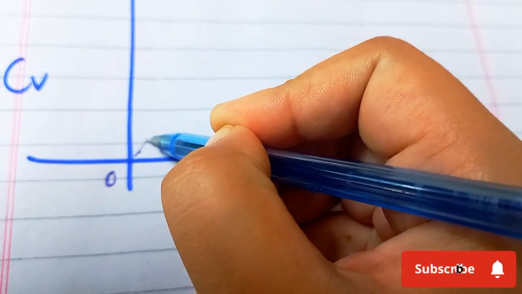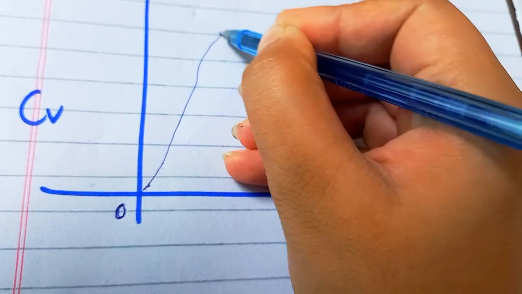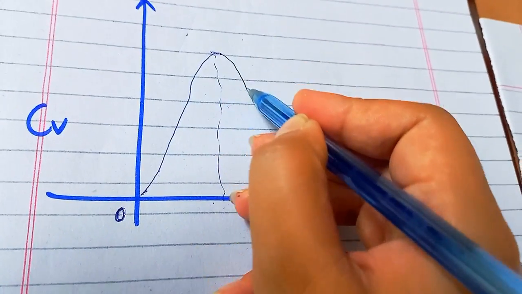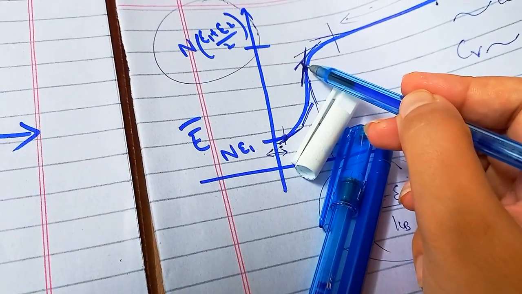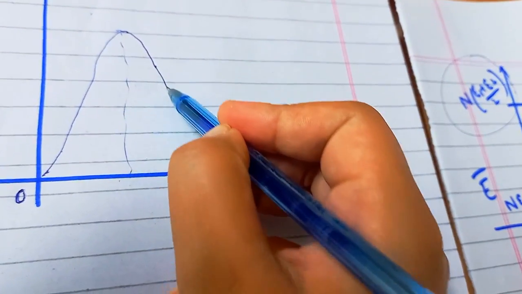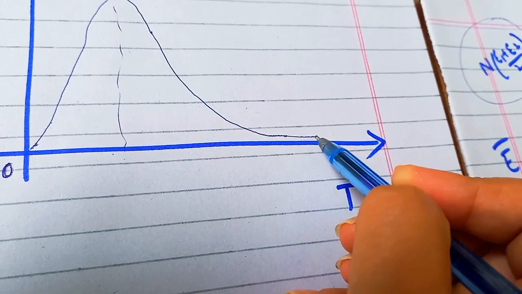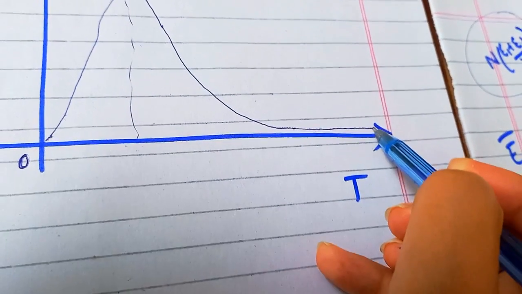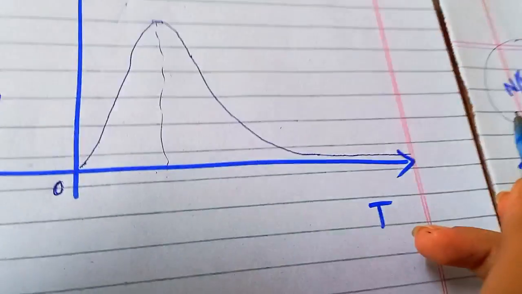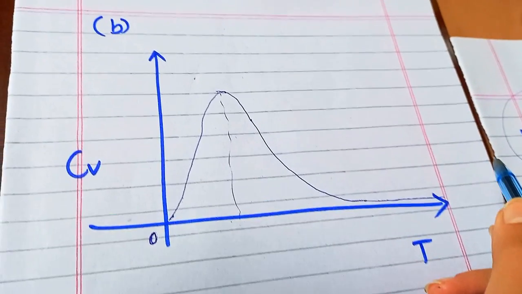It increases until it reaches a maximum value, this maximum value. Then it decreases, after this point, until it becomes nearly 0 and flattens onwards, like this. As temperature increases, it's nearly 0, not exactly, but nearly 0. Alright, this is the Cv graph. So that was needed in part B.